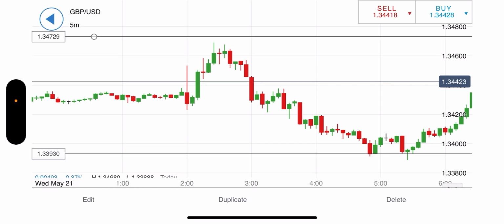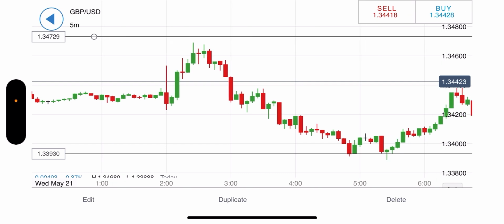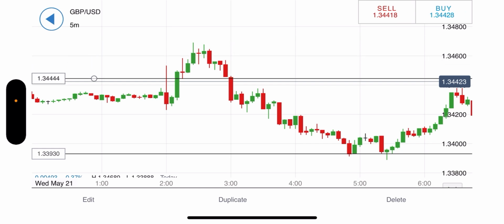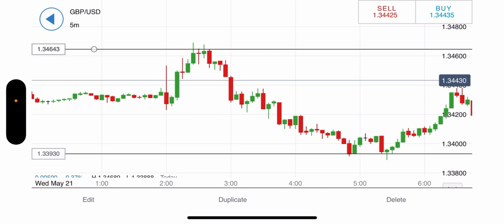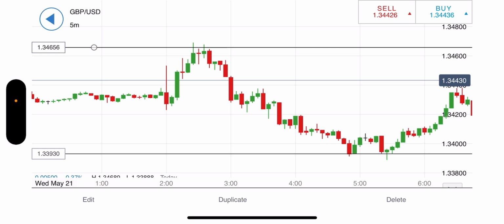So if we had entered at 3 a.m., this big red candle in the middle of the screen here, the market opened at 3 a.m. right at 1.3444.8. So 20 pips would give us 64.8. So let's see, 64.8.